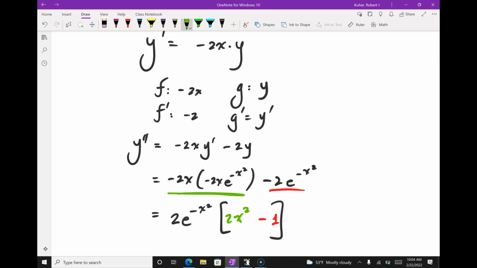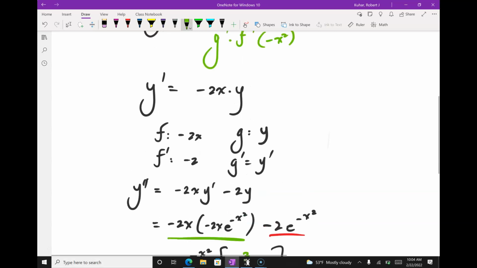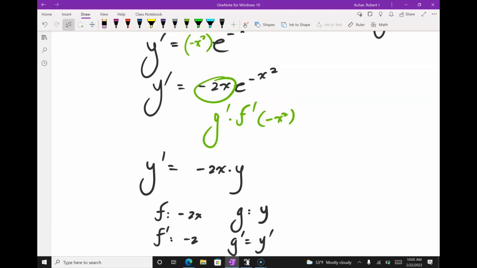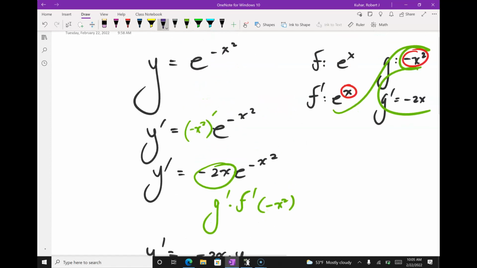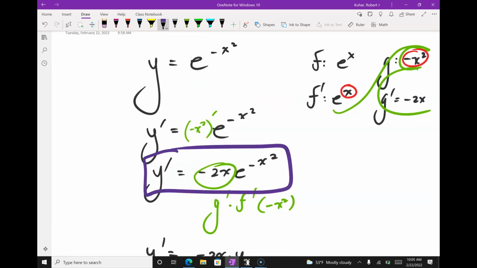So critical values are when my numerator is 0 or my denominator is 0. So the critical values of the derivative are what? When does this thing equal 0? When x is 0, that's the only time, right?